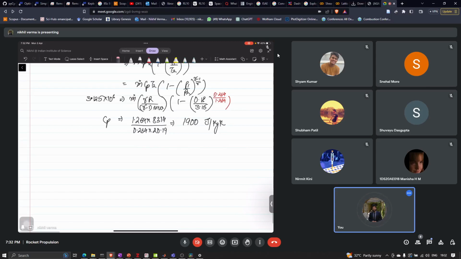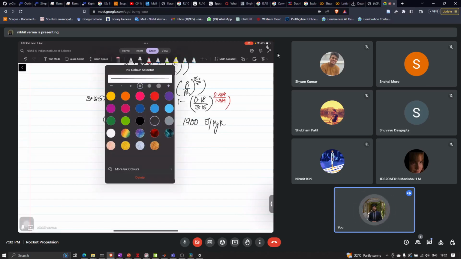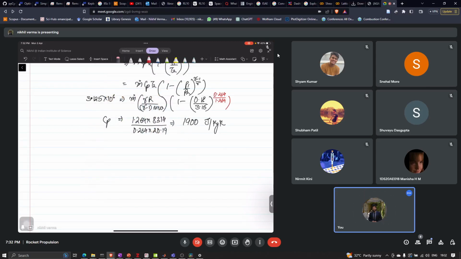Okay, so with this you can calculate, yeah, there will be a T2. So with this you can calculate what is m dot. If you do that, you will get the value as 5.21 kg per second.